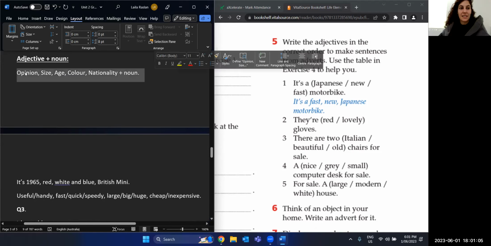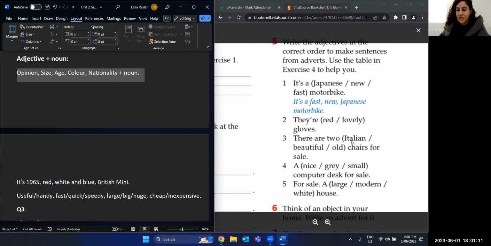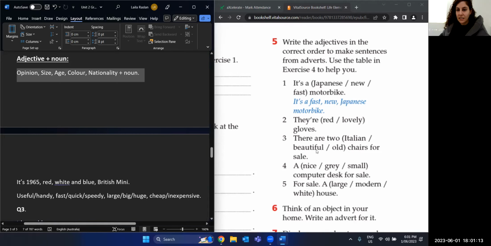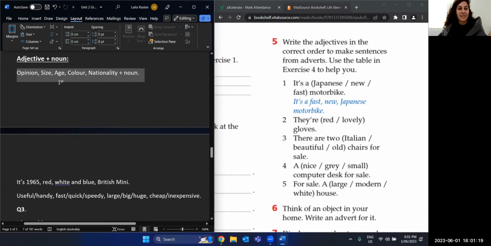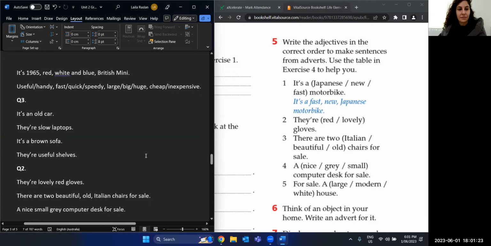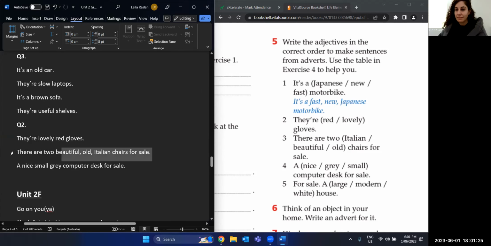So if you write this, opinion, size, age, color, nationality, plus noun, and then just write the words. So Italian is the nationality. Beautiful is the opinion. Old is the age. Now, how do you make a sentence? You say, there are 2 beautiful, old, Italian chairs for sale.